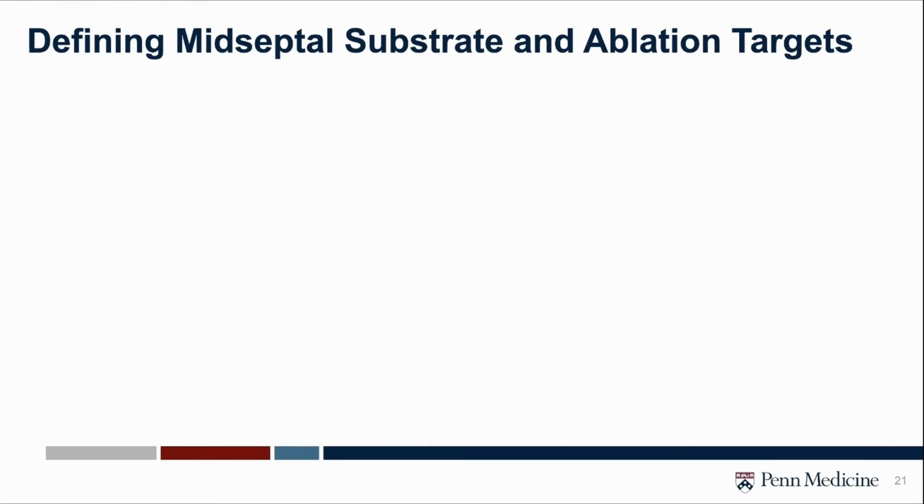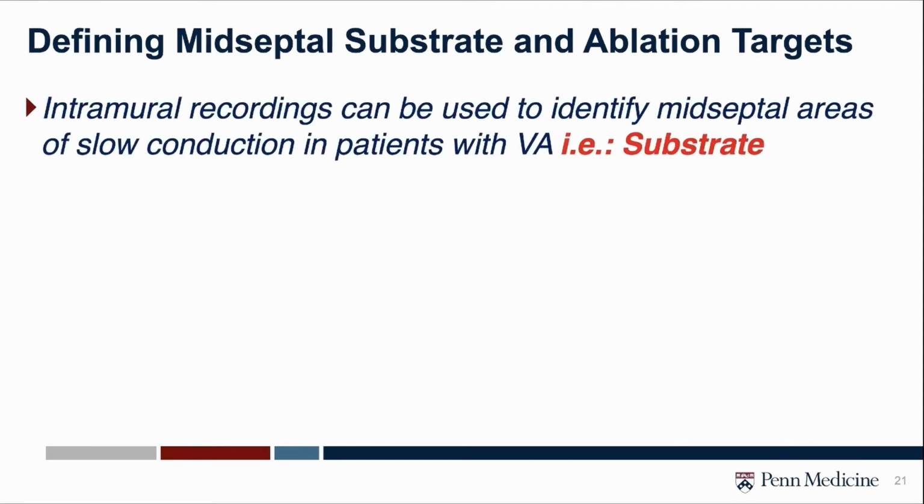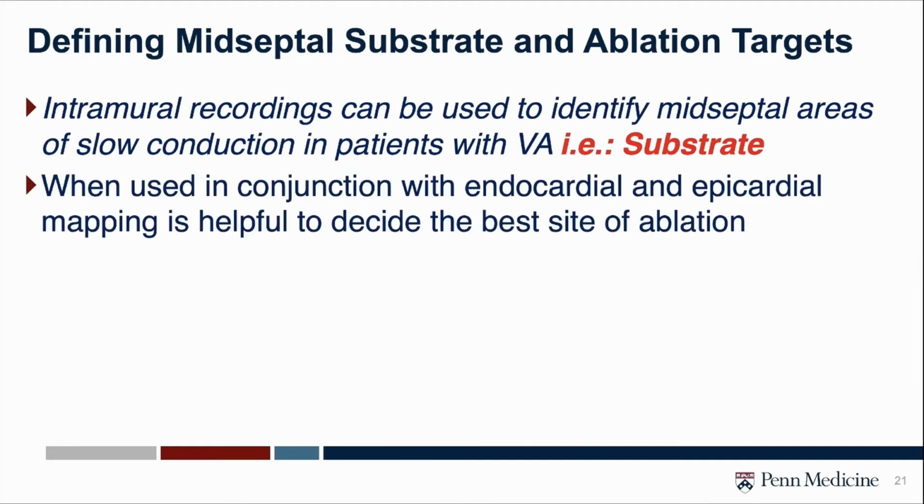I want to make an important point on the utility of intramural recordings, because it's direct recording of slow conduction. You now have the ability to really define substrate electrophysiologically in the mid-septum. If you use endocardial and epicardial ablation, it's very useful to define where to ablate.